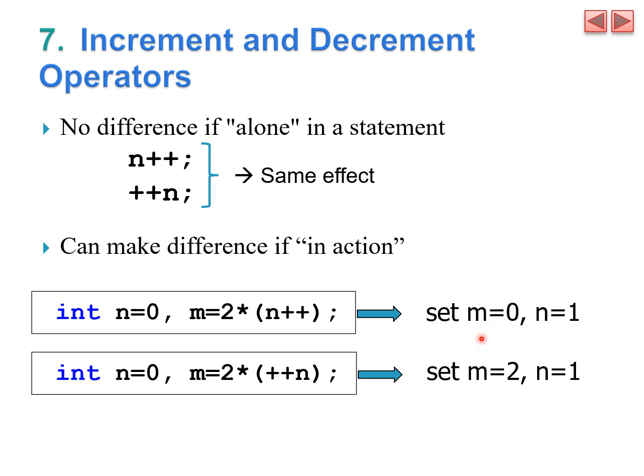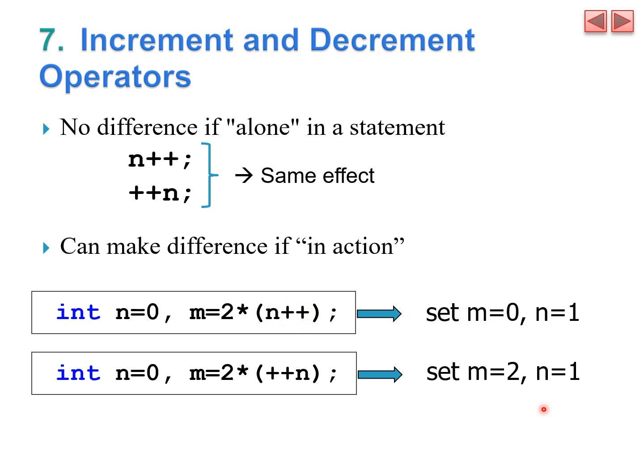In the first one, variable m is set to 0 because this postfix increment expression returns the value of n before being increased, which is 0. So the value of m is 2 times 0, which is also 0.